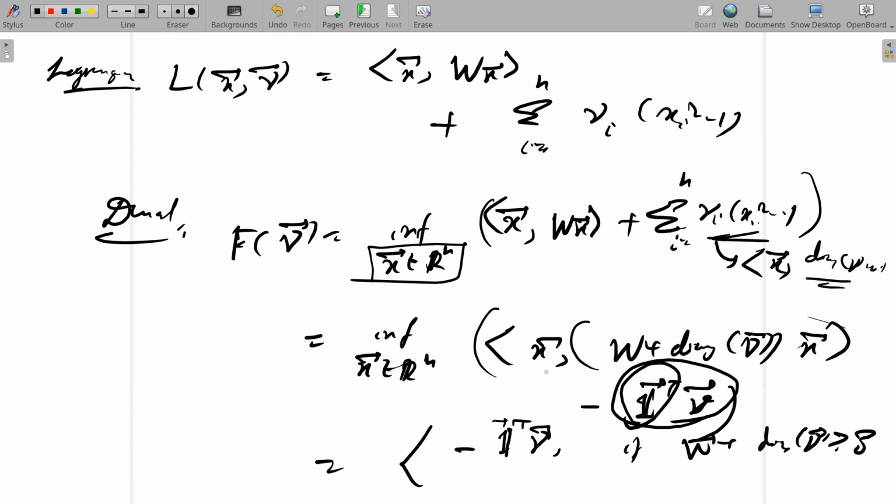It will always be bigger than or equal to 0. So the infimum of this total term will be minus 1 transpose nu, if this is positive. If it is not positive, then there is some direction where it is negative, right? So if you go in that direction very far away, so if you, let's say, diagonalize this matrix and look at one direction, the corresponding eigenvector, which corresponds to the negative eigenvalue, then if you increase the value of x, this will go all the way to minus infinity. So this infimum will be minus infinity otherwise.